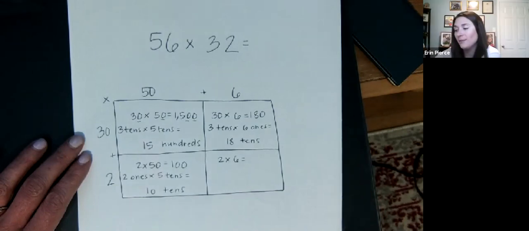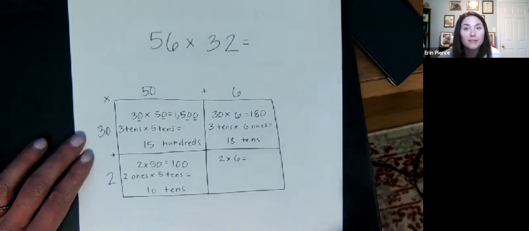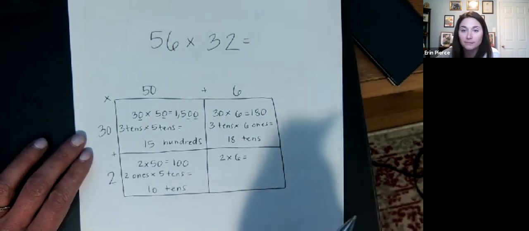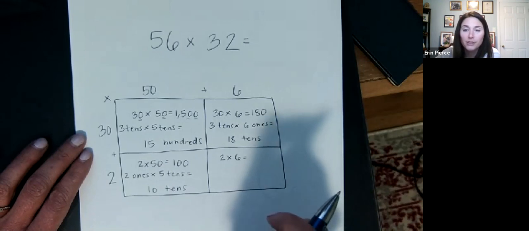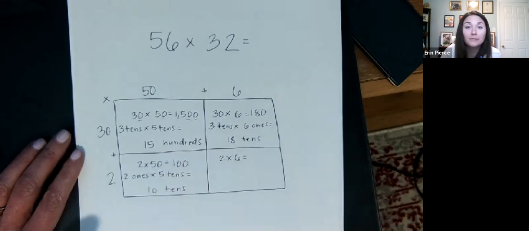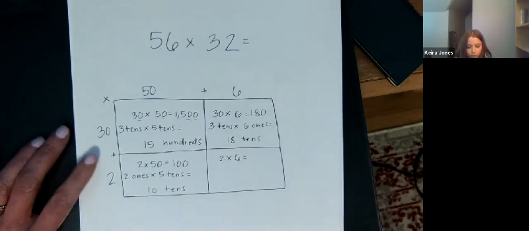And in my last one, I'm not going to write all the additional things because we're just doing 2 times 6. And I think we should know 2 times 6. What is 2 times 6? Kira. 12.